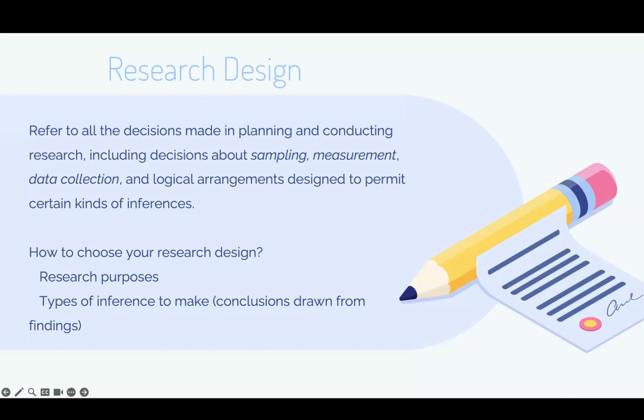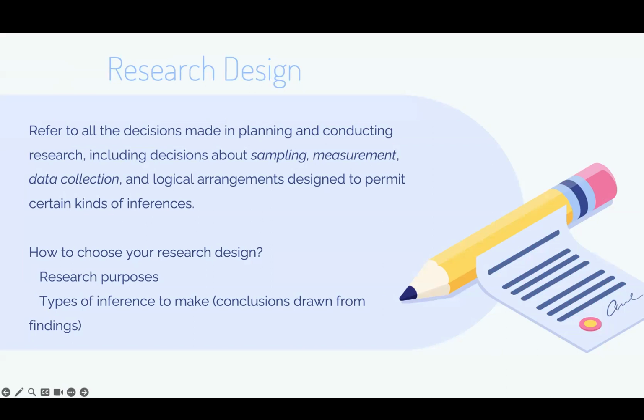And we cannot forget the logical arrangement, the setup that lets us make smart inferences. It's the difference between just having a bunch of data and actually being able to say something meaningful about it. So how do we decide on the design? We think about our research goals, what we are trying to find out, and the types of inference we want to make.